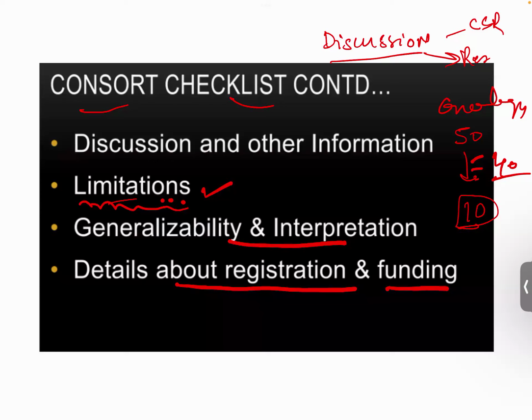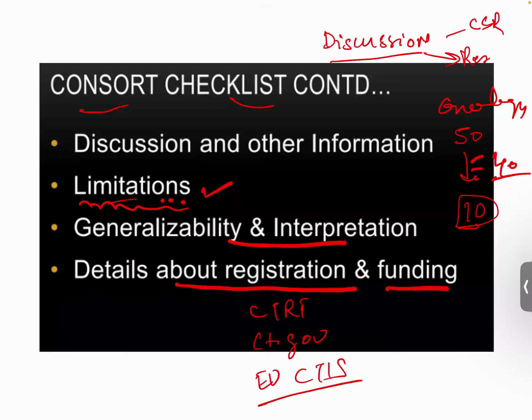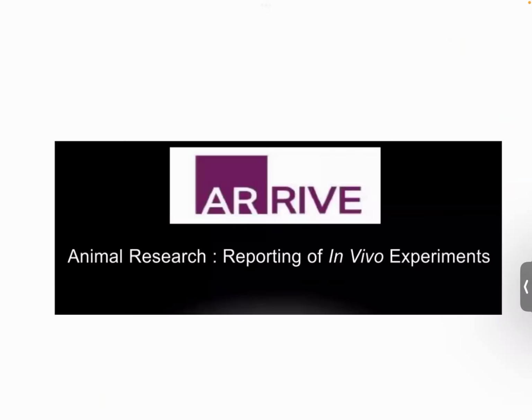Registration these days is done as a matter of course, without that you won't even get approval: registration to CTRI, to ct.gov, EU CTIS. It's part of the package. You do not have another way around, because you will not be able to file your NDA or IND application if you are not doing it. Then funding.